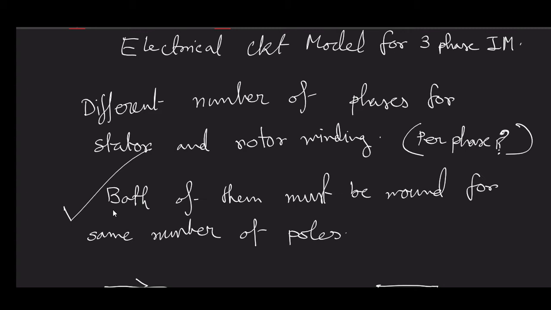What matters is the matching of the magnetic circuit, because that is the medium through which you are converting. So if that conversion medium is not matching, then there will be a problem. Otherwise, everything is okay.